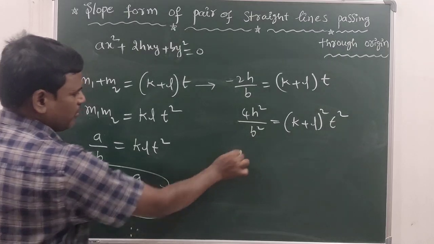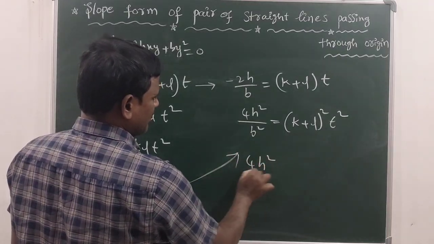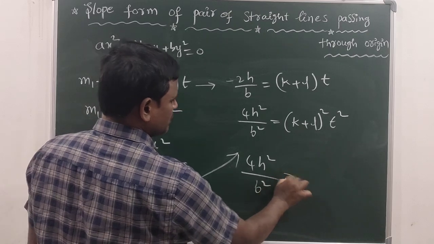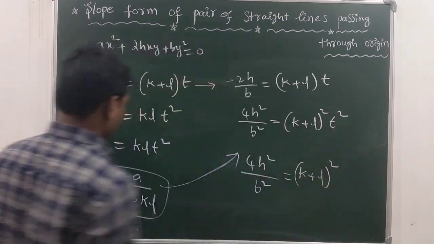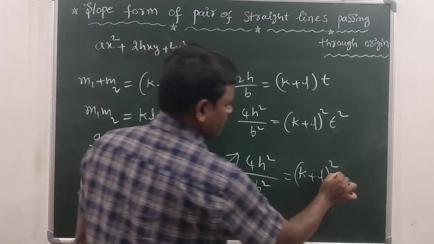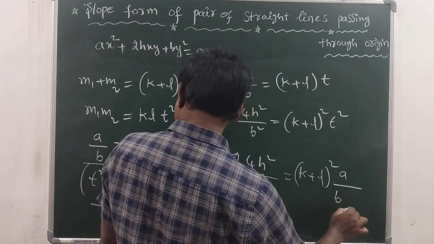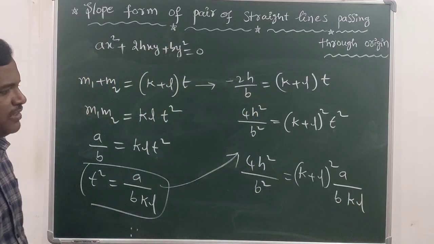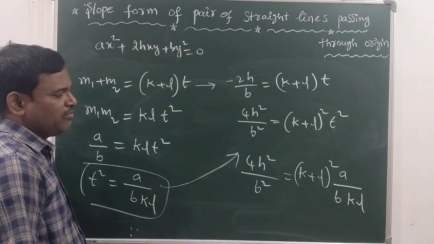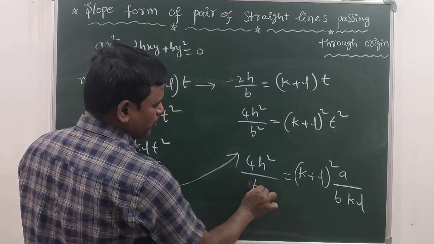So substitute this value in this. So 4h square by b square is equal to (k plus L) whole square into, in the place of t square, write this value, a by b into KL. Now simplify this. On simplifying, what do you get? Here b square can be written as b into b.